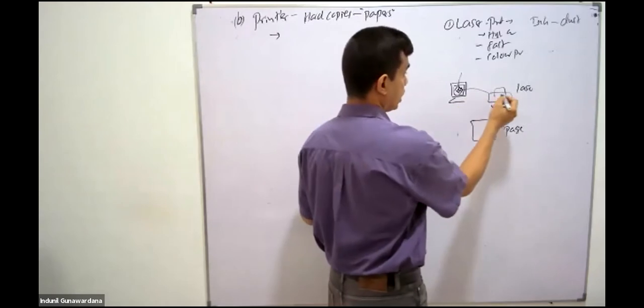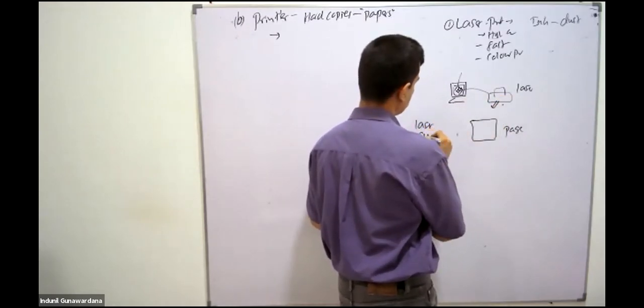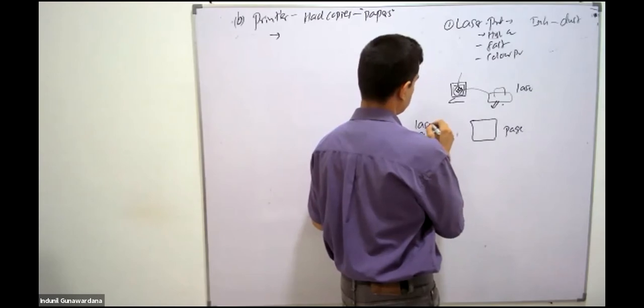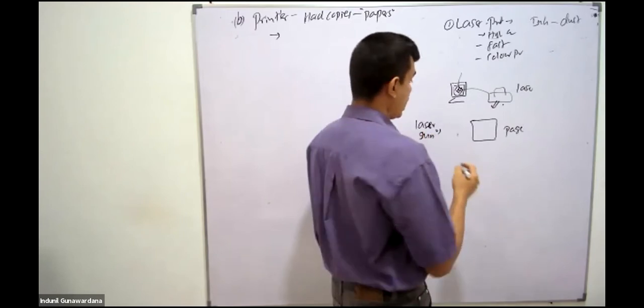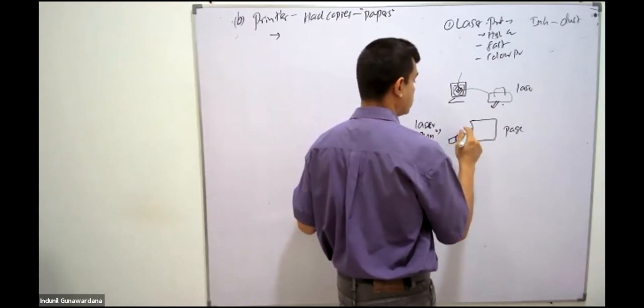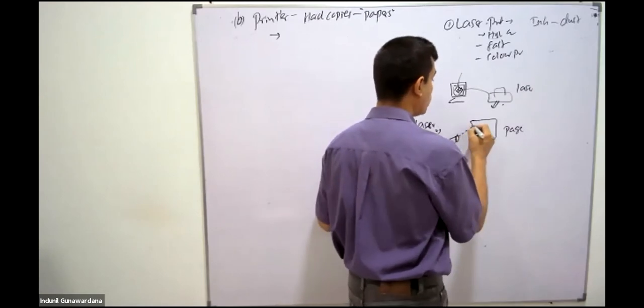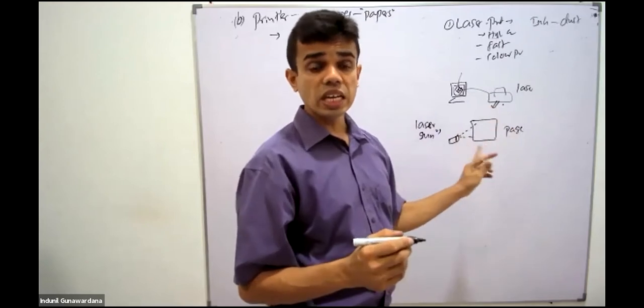And then inside the printer, there's a laser gun. Laser beam is there. And this laser is focused onto the areas of the paper where we need the printing.